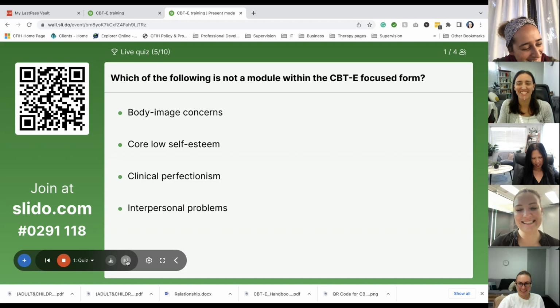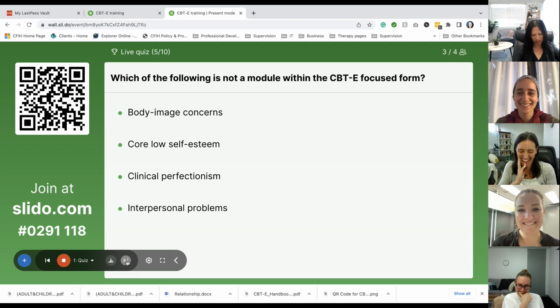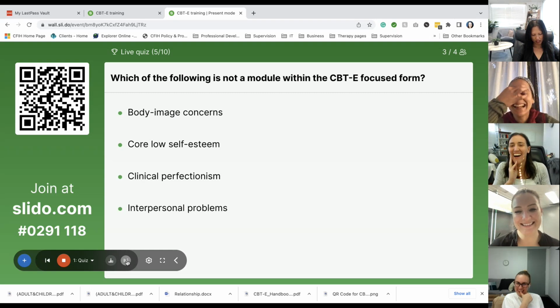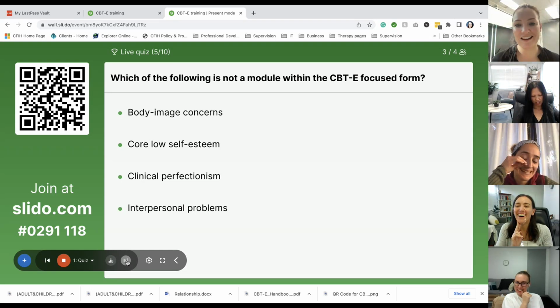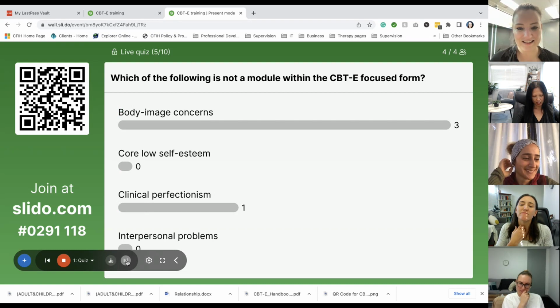Or you should have allowed us to tick multiple things. Sorry, team. As much as I can't get those words to stick, I know what the 2 forms are, but I use the terms intermittently. In the broad form, the modules are core low self-esteem, clinical perfectionism, and interpersonal problems. So body image concerns is not a standalone module.